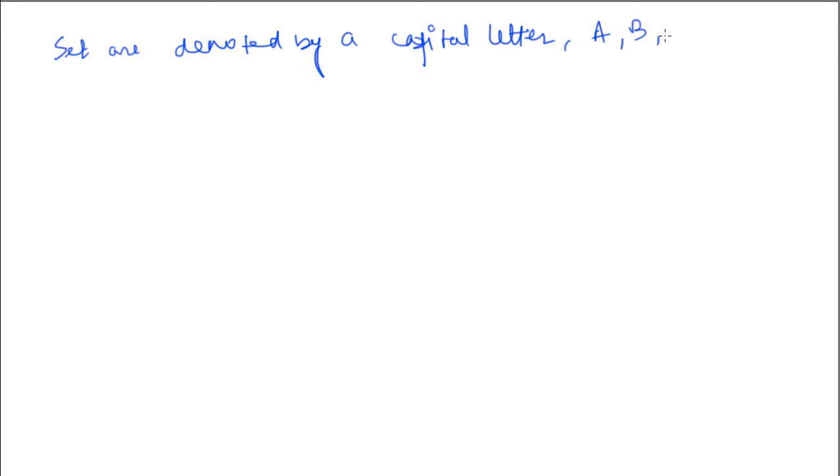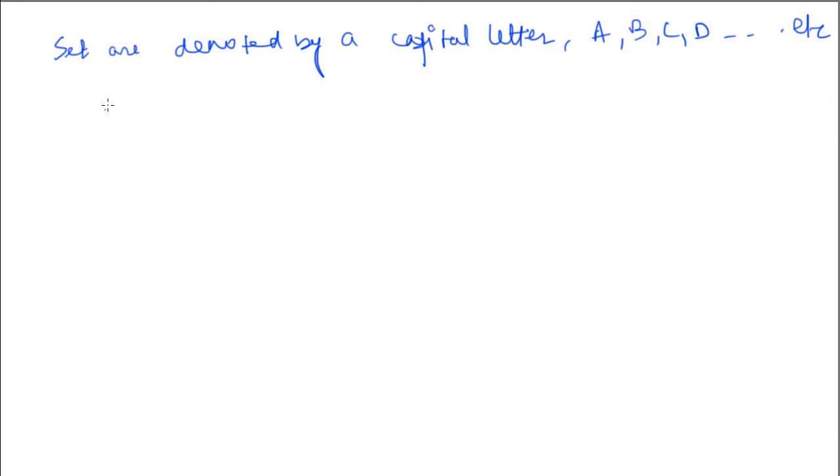So generally sets are denoted by a capital letter, means either A, B, C, D or so on.